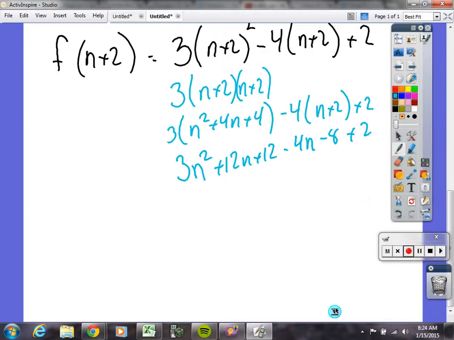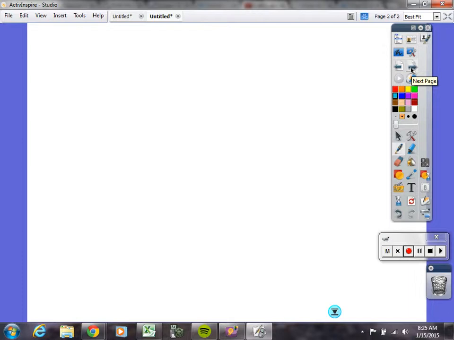We need to combine like terms, correct? 3n squared plus 8n plus 6. And there it is. Now, that was a lot of review of what we did last time, correct? We did this in yesterday's class or two times ago. Okay? So now, what we're going to do is the composition.